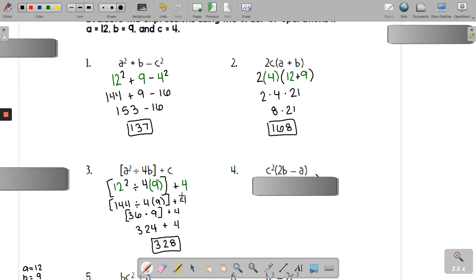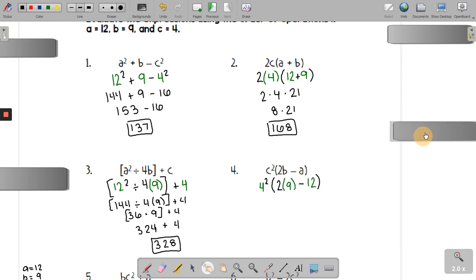Now let's look at number 4. We have C squared times the quantity of 2B minus A. Substitute in our A, B, and C. When you do, you get 4 squared times the quantity of 2 times 9 minus 12. We start within our parentheses, and then we start with our multiplication. 2 times 9 is 18.